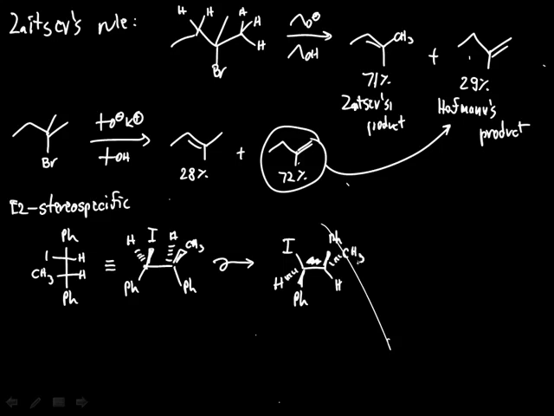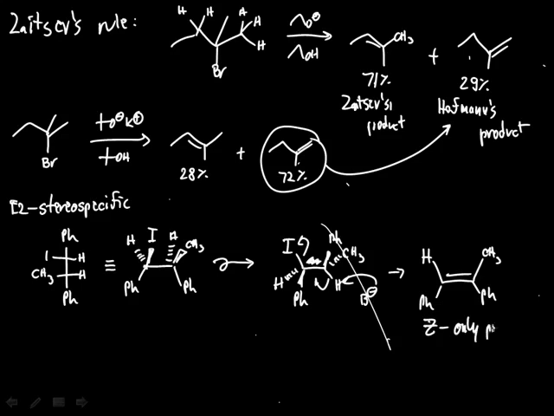Now the base can attack this hydrogen, which will then eliminate the iodide, and the final product will have hydrogen and methyl group remaining on the same side of the double bond, and phenyl groups being on the same side of the double bond. In this case, this will be the Z product, and this is the only product because the reaction is critically determined by this transition state to give only the Z product.